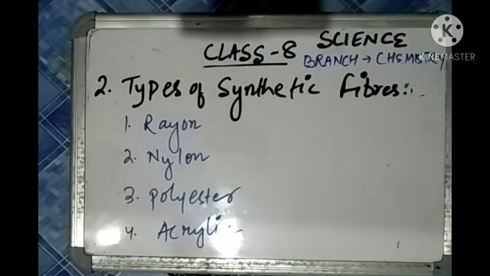In your textbook, 4 types are given. The first one is rayon, the second one is nylon, the third one is polyester, and the last one is acrylic.